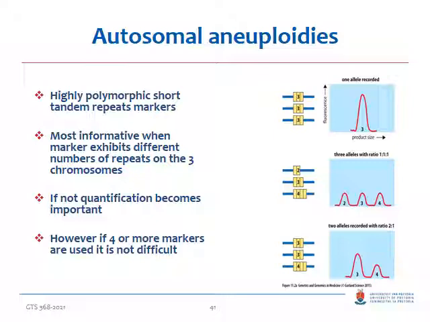If you have 4 or more markers, it's not difficult because there's enough information to make an accurate result. In this example, marker data is interpreted from 3 common alleles that have 2, 3, and 4 tandem repeats.